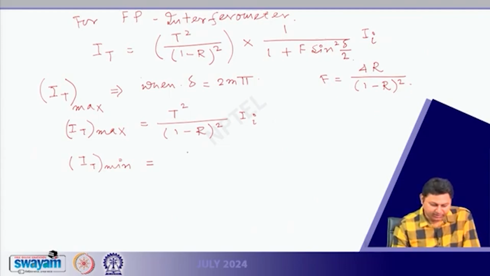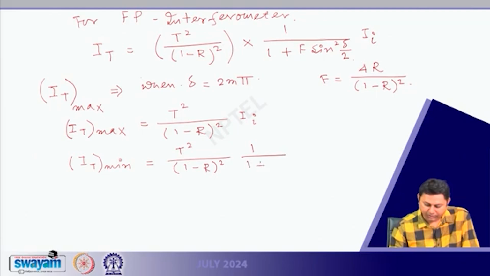Then it should be T square divided by 1 minus R square of that, and then I have the factor 1 plus F. In that case delta should be 2m plus 1 pi, that is the value of delta one can have.